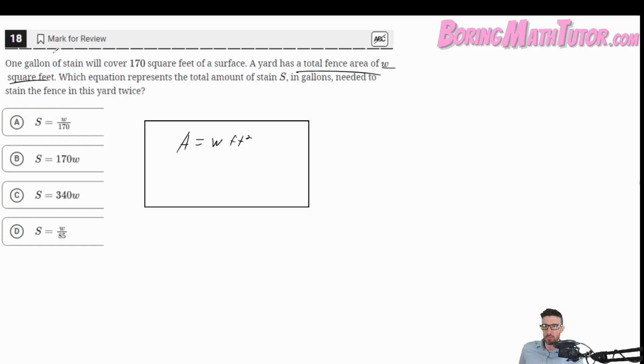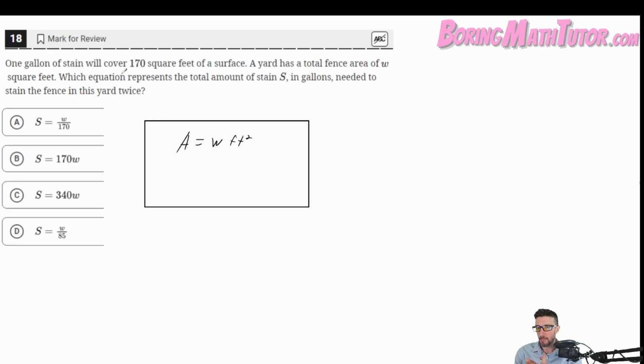What are they talking about? In fact, over here, they said 1 gallon of stain will cover 170 square feet of a surface. Okay, is it kind of like a paint or something? I don't know. Anyway, it says, which equation represents the total amount of stain S in gallons needed to stain the fence in the yard twice?